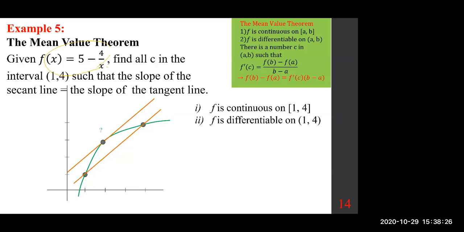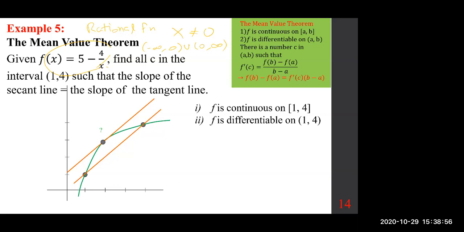This is a rational function, and the domain is all real numbers except 0. In other words, minus infinity to 0, union 0 to infinity. So from 1 to 4, we are in good shape. We have nothing to worry about.